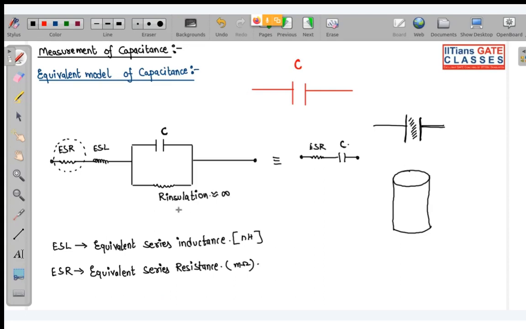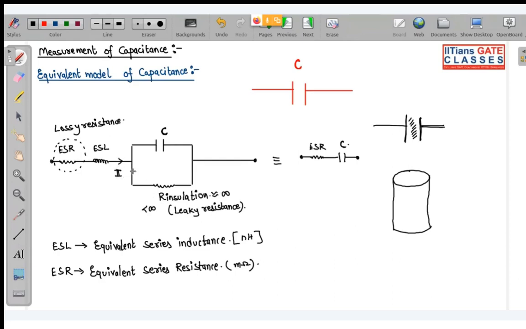So this is known as leaky resistance. Why leaky? And this is known as lossy. See, in parallel, if this R insulation is less than infinite, what will happen if current I is flowing from here?